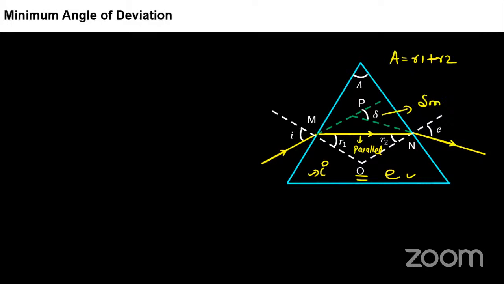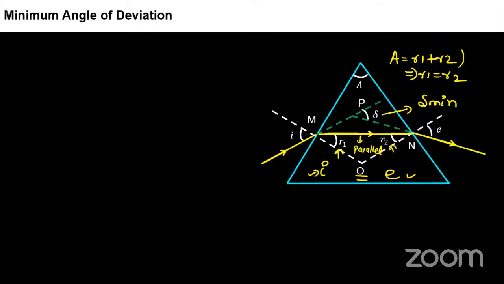We have to keep it minimum. And for minimum, this ray inside will be parallel to the base. I will be equal to E, one more condition. And also remember this R1, which is the refracted angle of the first incident ray, and this is the incidence angle of the second emergent ray. Both will become the same.